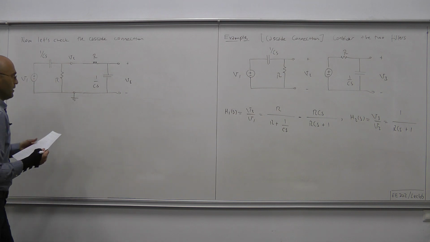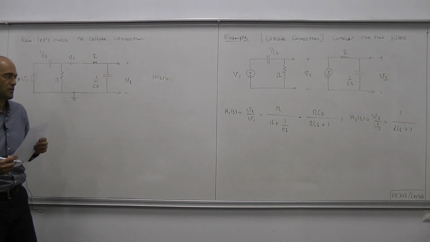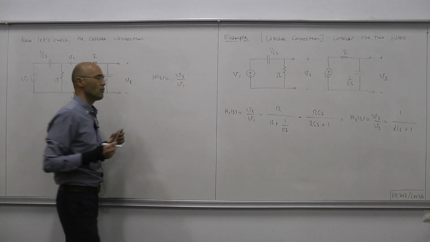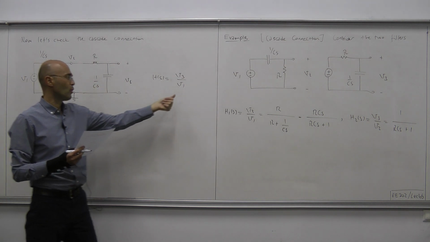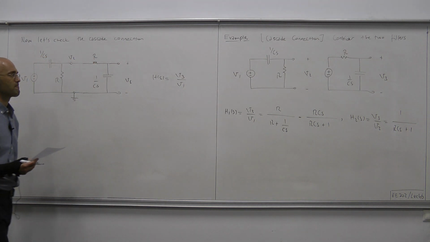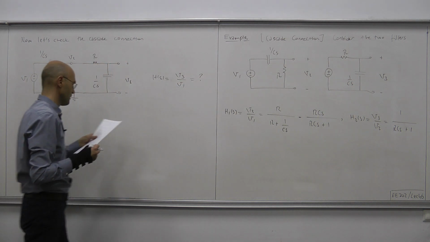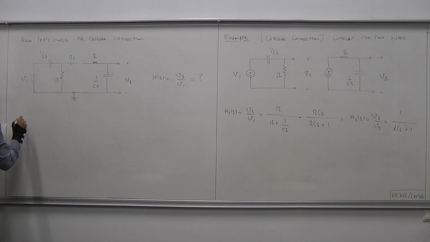Okay, now let's figure out the resulting transfer function H of S, which is the ratio of output voltage, which in this case is V3, to input voltage, which is V1. Let's figure that out. So, writing the node equation here gives us what?